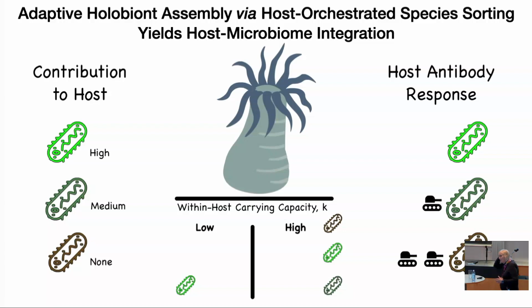So I see there basically being two alternative explanations for the formation of this host microbiome integration. One explanation is selection on the hologenome, and I think that has the problem I mentioned, that you can't get much progress with directional selection. The other alternative explanation is host selection.